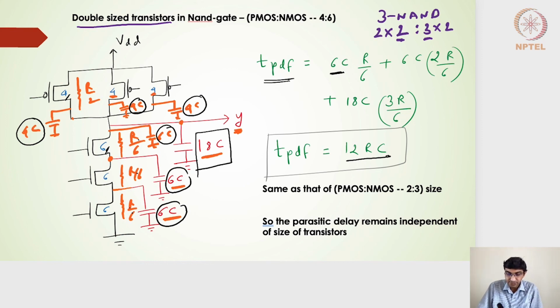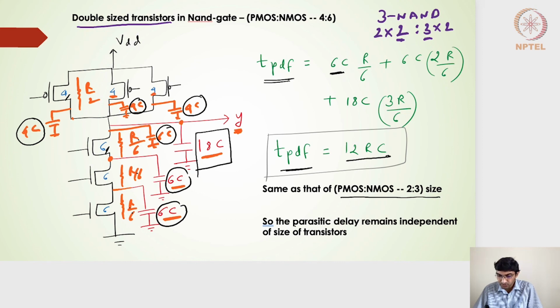I consider only this first stage, change the size accordingly, and then determine that the propagation delay falling doesn't change. It is the same as that of the PMOS and NMOS of 2:3 size.